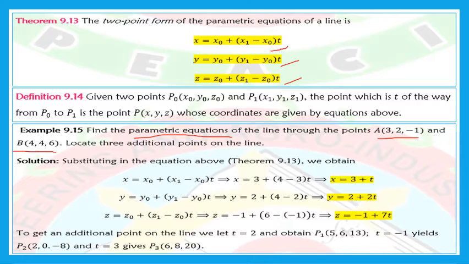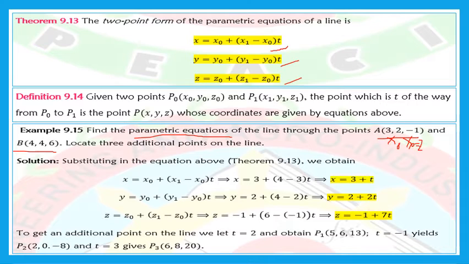So substituting in the equation above, in Theorem 9.13, we obtain x equals x sub O plus x sub 1 minus x sub O times t. We let the point A be point P sub O. So x sub O is equal to 3, y sub O is equal to 2, and z sub O is equal to negative 1.